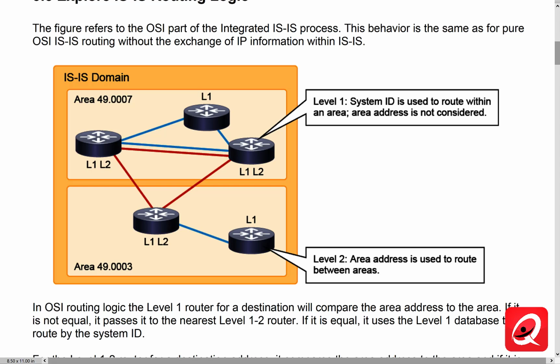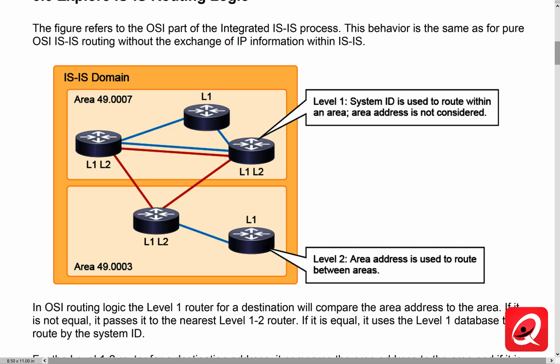We use the level 1 routes to route within the area, and a level 2 system, we use that to route between areas. We talked about that quite a bit.